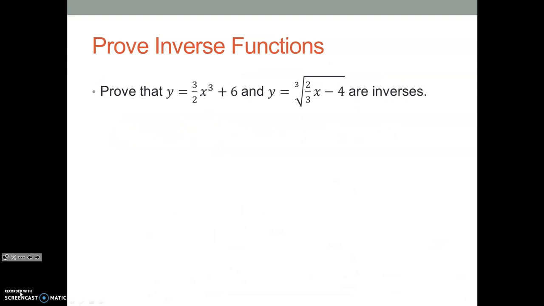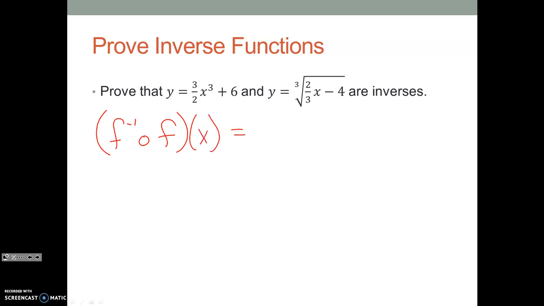One more example. The last one that we did, y equals 3 halves x cubed plus 6, and y equals the cubed root of 2/3 x minus 4. Okay, again, it does not matter which way. I always like to do the inverse, plugging it into the original. But just to prove it to you, we can do it backwards. So we can do f inverse of f of x.